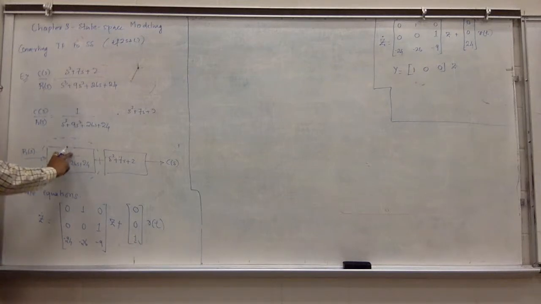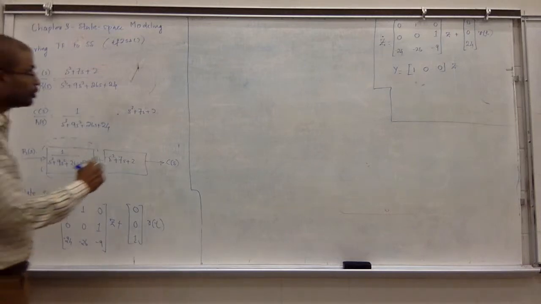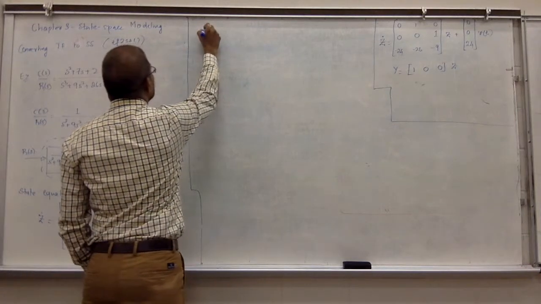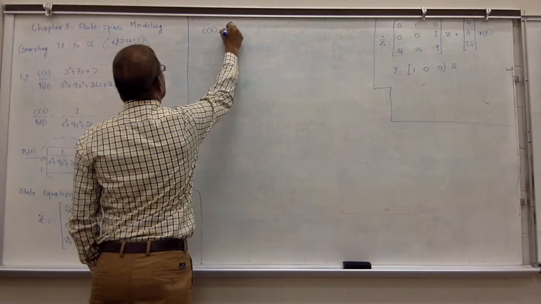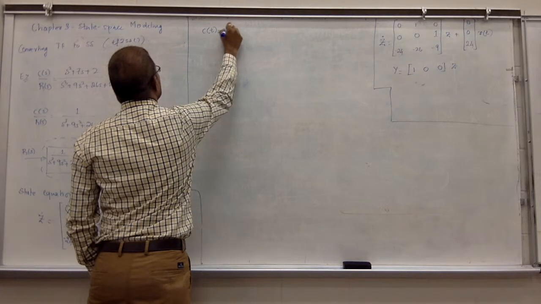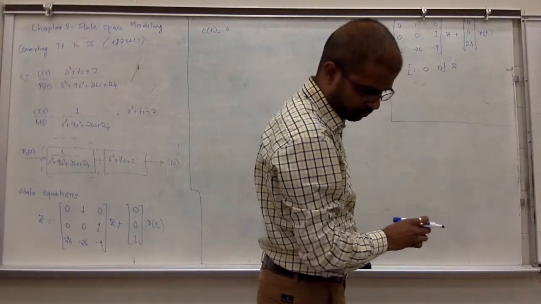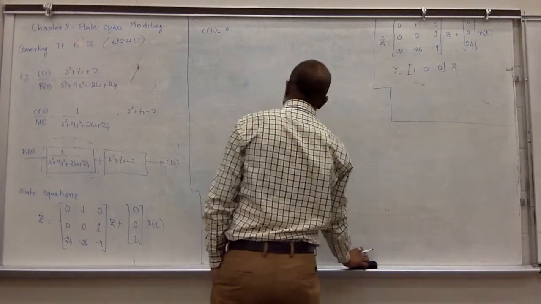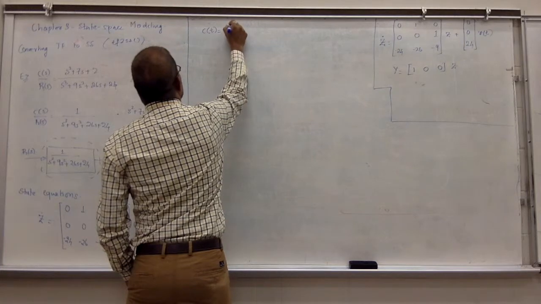If you see the numerator here, that is 24 because the numerator was 24. Here the numerator is 1, so this will be the state equation. Your output equation C of t. The output equation will look something like this.